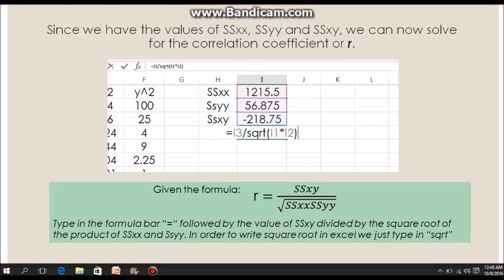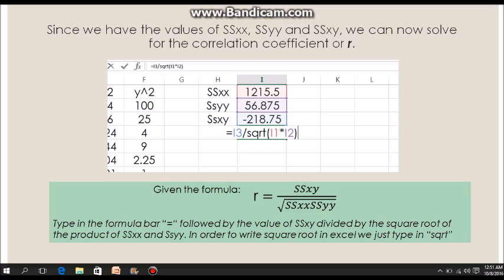Since we have the values of SSXX, SSYY, and SSXY, we can now solve for the correlation coefficient, or R. Given the formula, R equals SSXY over the square root of SSXX times SSYY.